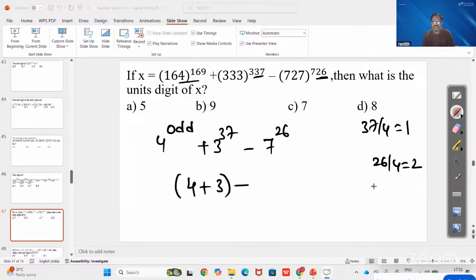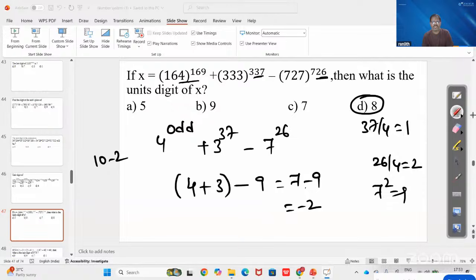So that is 7 square equal to 9. So that will be equal to 7 minus 9. If I subtract 7 minus 9, I will get minus 2. But we won't get unit digit as minus 2. So we need to take borrow. So that will be equal to 10 minus 2 equal to 8.